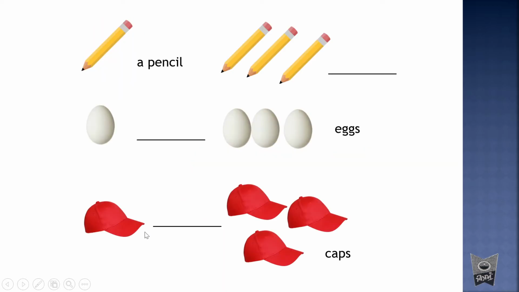Next, now this is an exercise for you. This is a pencil. So what are these? What will we write here in the blank? Yes, you're right. What is the spelling of pencil? Pencil. So what will I add to make it many, since it is more than one, right? Here there is only one, these are more than one. When it is more than one, we say many and add S at the end.